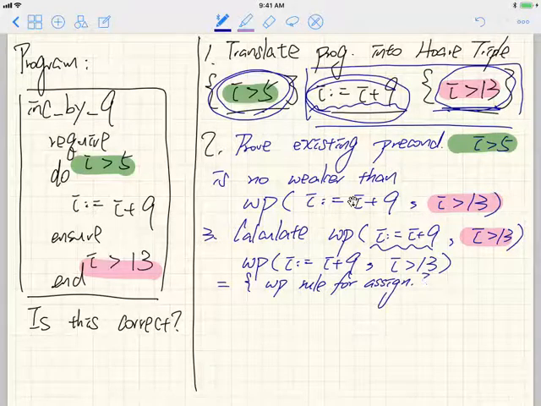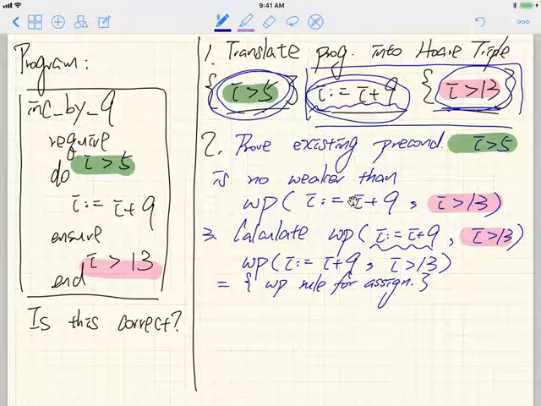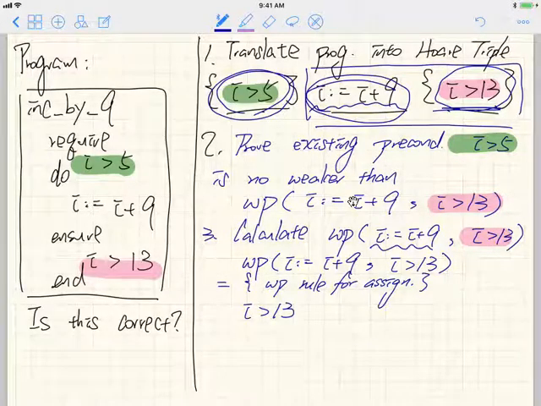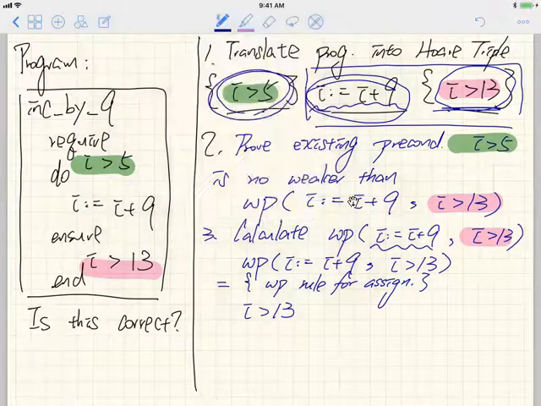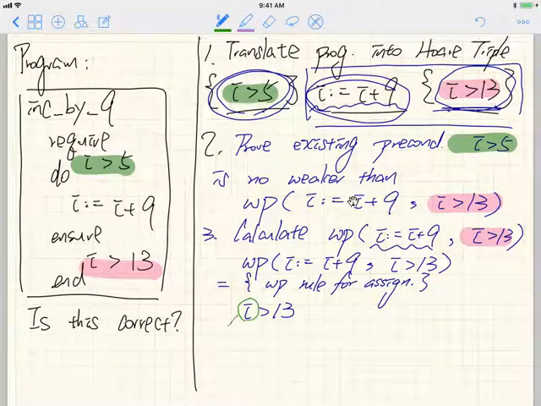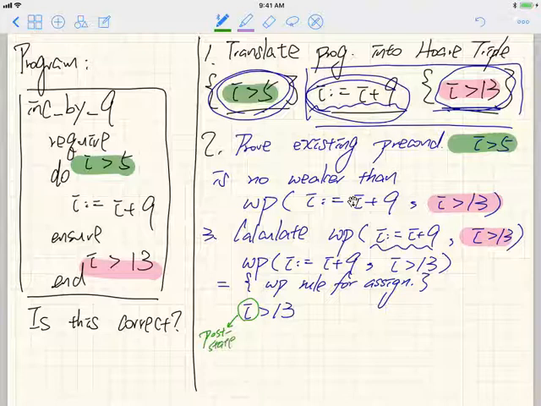After this, we can simply put the postcondition over here. Let me give you some intuition here. This I over here is a post-state value for I, which means upon termination, the post-state value for I must be greater than 13.